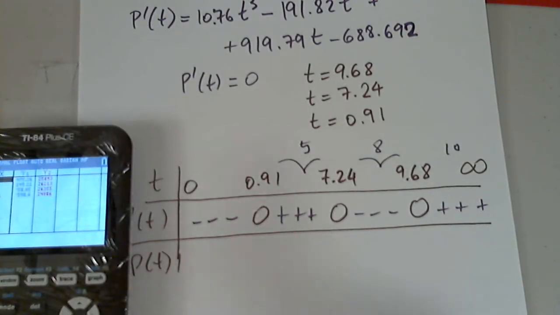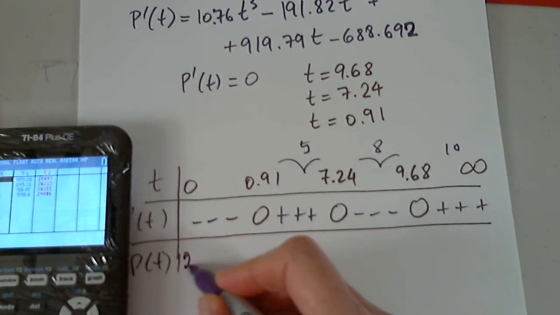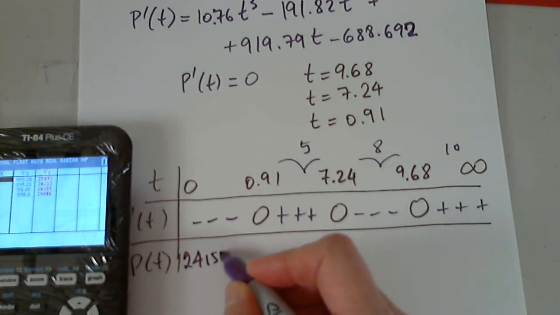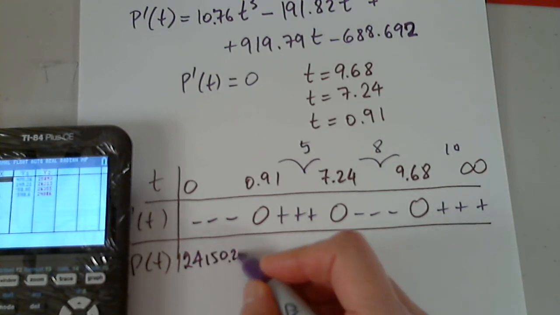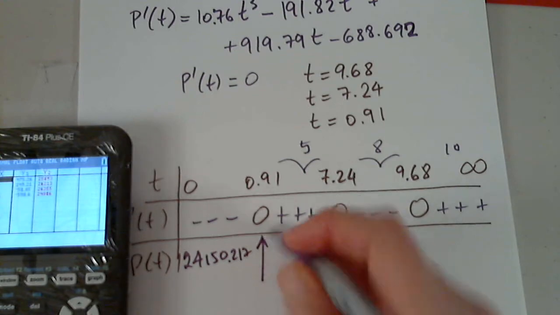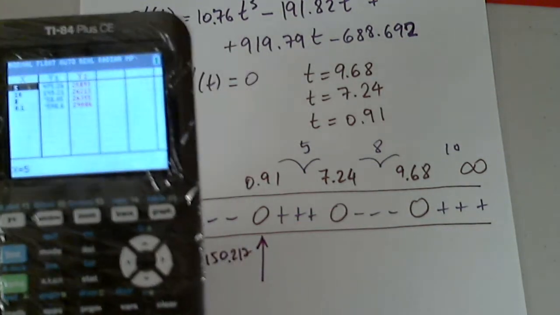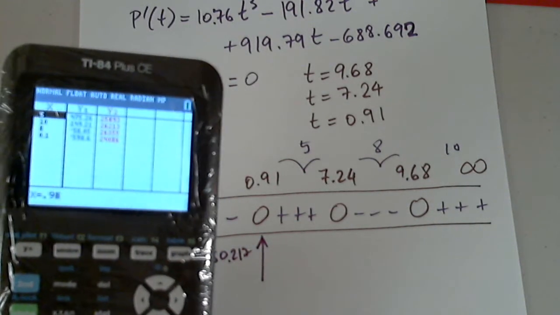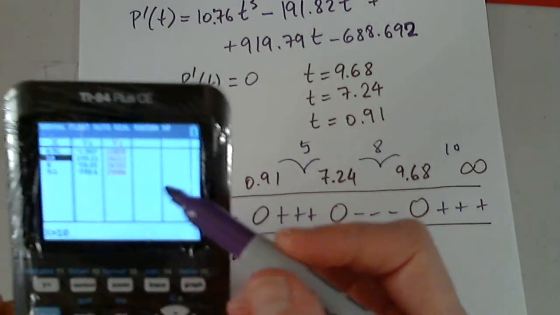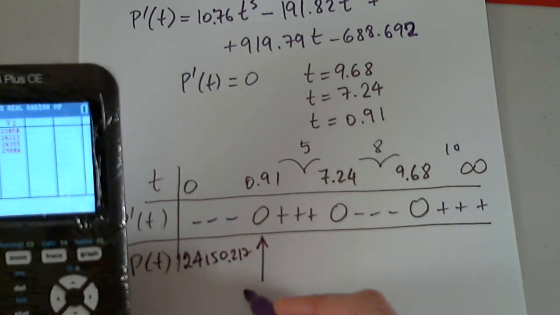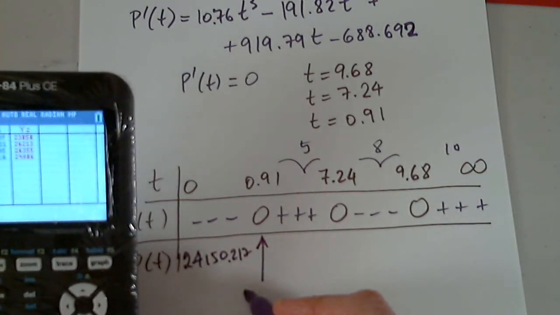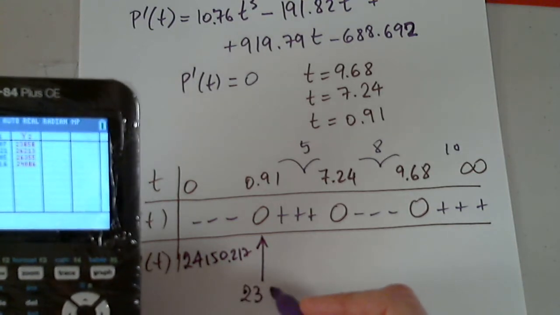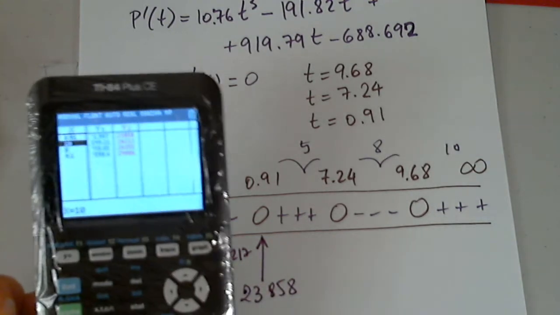Of course, at 0 we have 24,150.217, and for 0.91 this is 23,858.